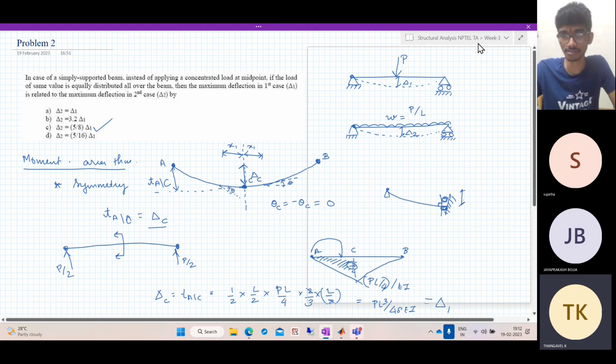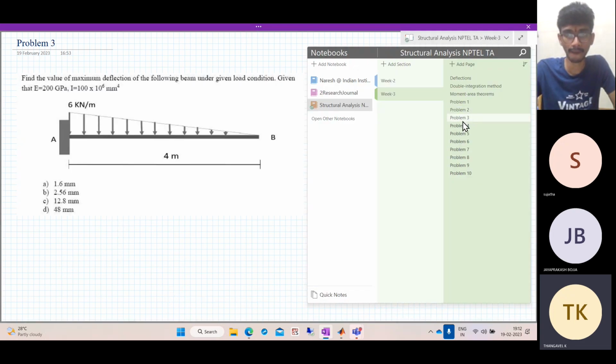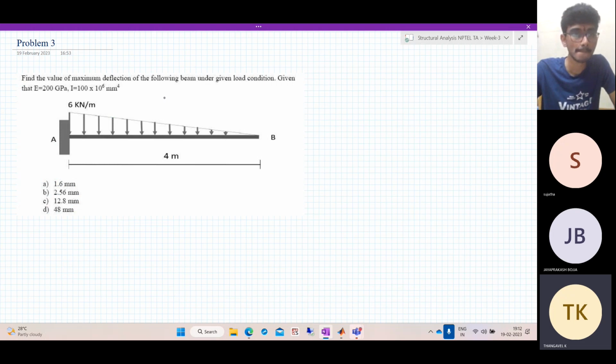Let's go to the next question. Now let us find the value of the maximum deflection of the following beam under given loading conditions. Now, could anybody tell me which method to use?